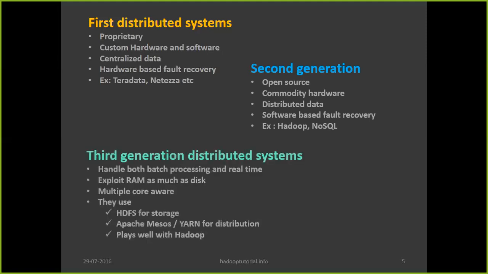And coming to third generation distributed systems, to avoid these performance issues, we have Spark, and a few other tools which are in incubating status, like Apache Flink and Apache Ignite. They all get the fast speed just because of exploiting the RAM, the main memory of your servers, as much as possible.